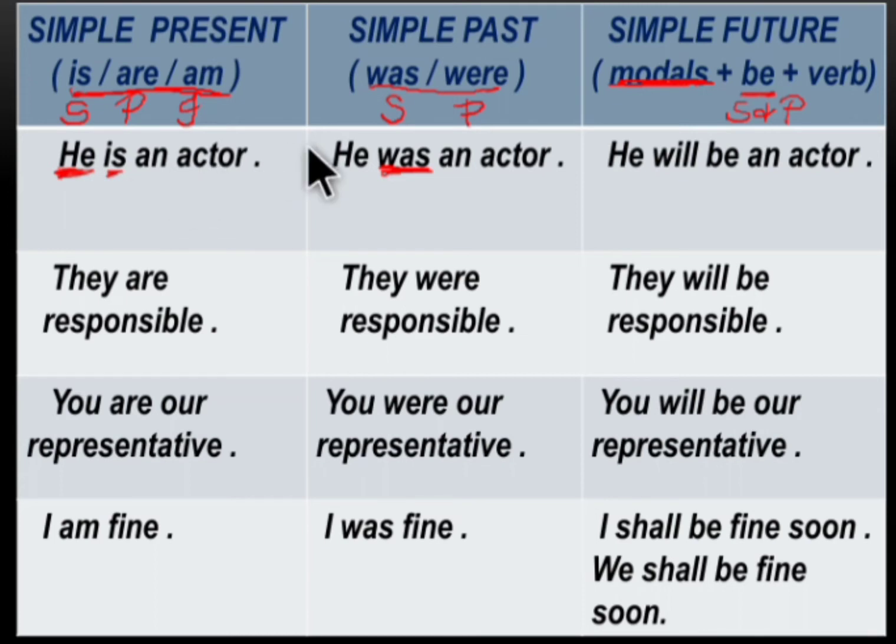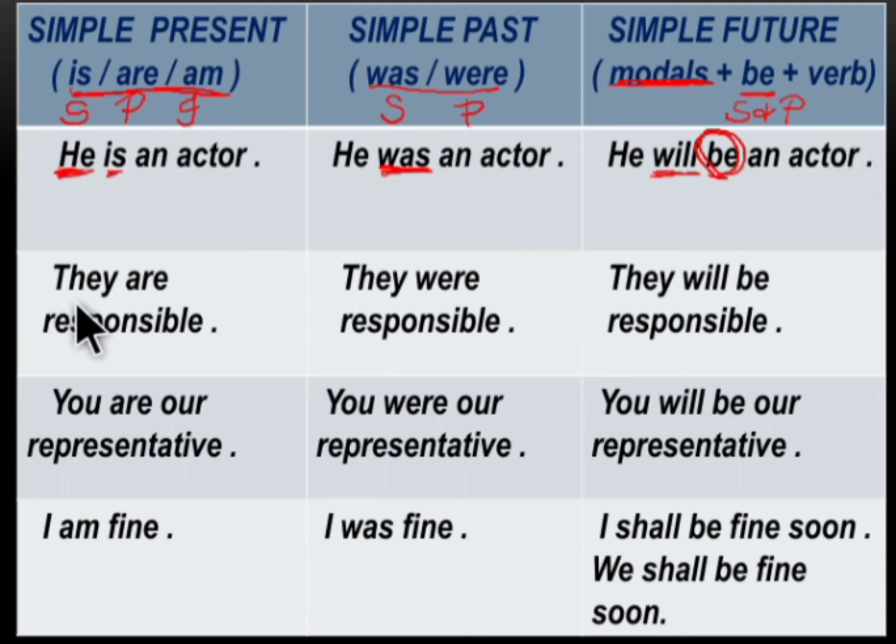So is becomes was in the past tense. And in the future tense, he will, this will is mandatory, this denotes the future form, and be denotes the be form of verb. It shows the state of being. He will be an actor.